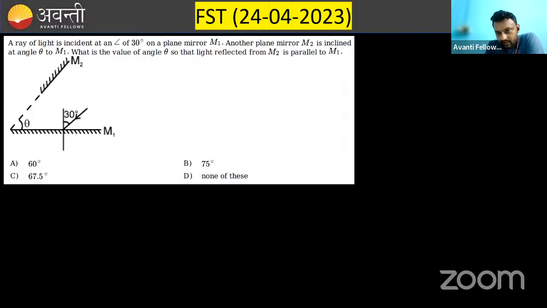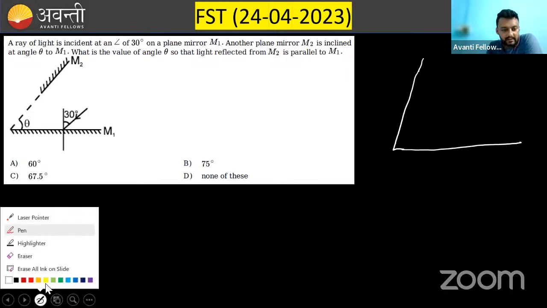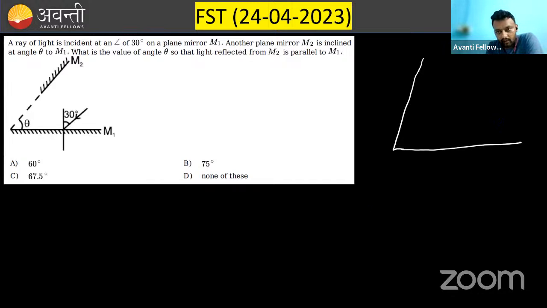I will draw the diagram actually. These are the two mirrors, M1 and M2. And a ray is incident on this one, like this. This is the normal.